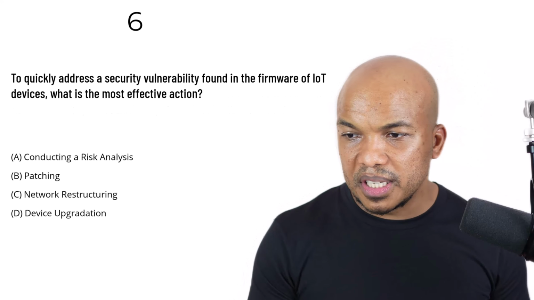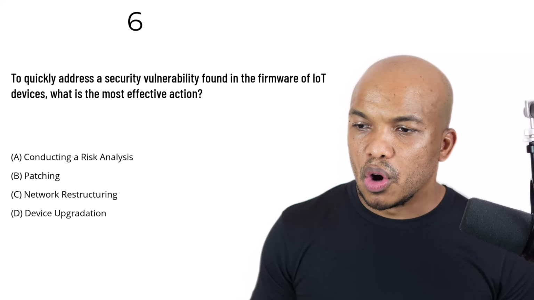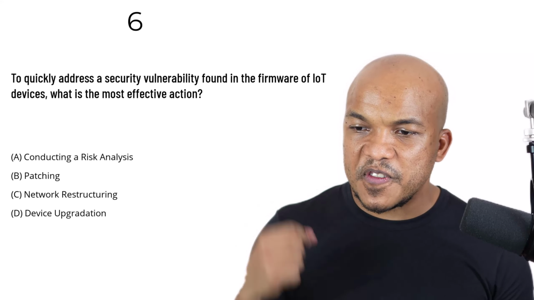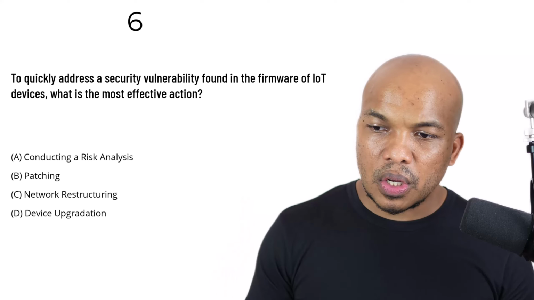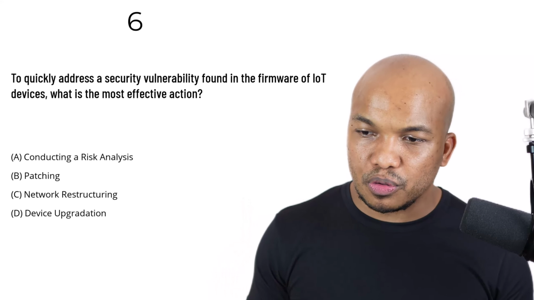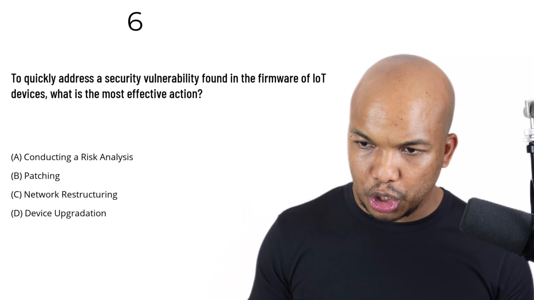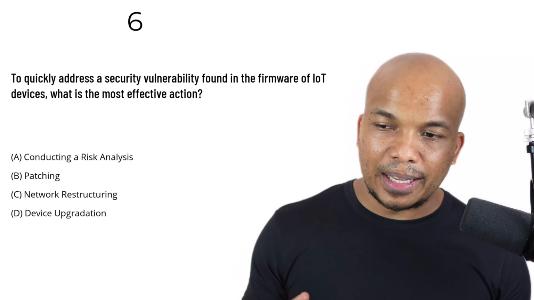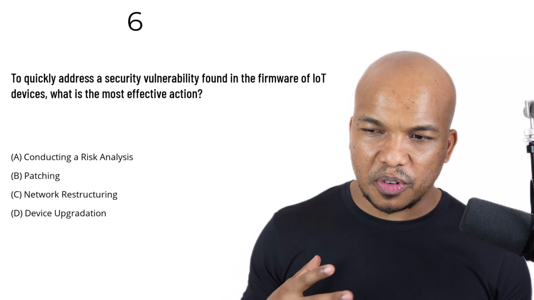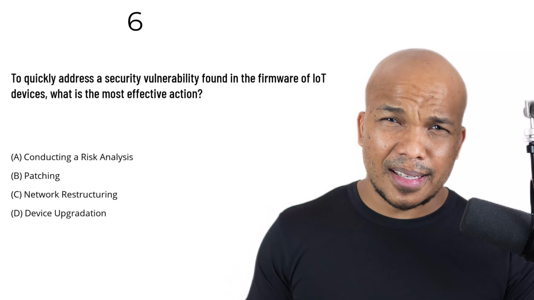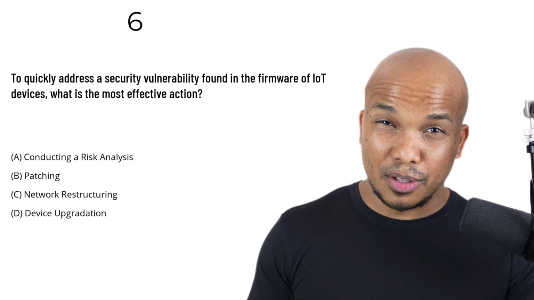All right, next question. To quickly address a security vulnerability found in the firmware of IoT devices, what is the most effective action? So conducting a risk analysis, patching, network restructuring, device upgradation. So notice the keyword quickly. We want to quickly address a security vulnerability. Conducting a risk analysis, I don't think that's the quickest thing to do.